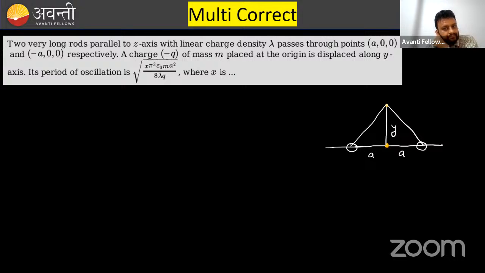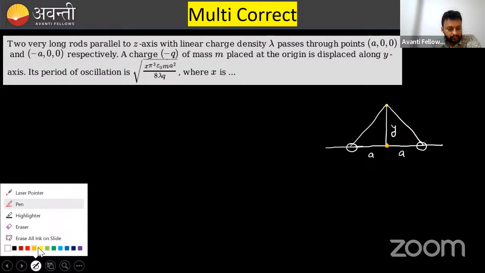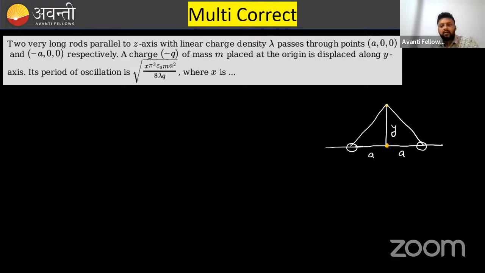Done. Now what we need to find is the time period of oscillation. Okay. This charge is minus q.